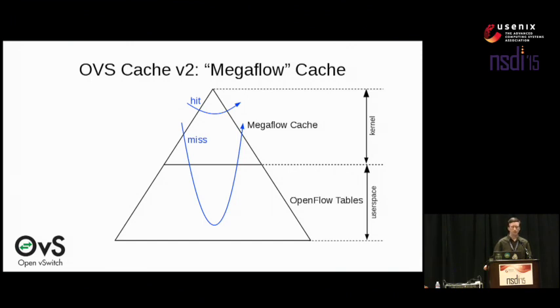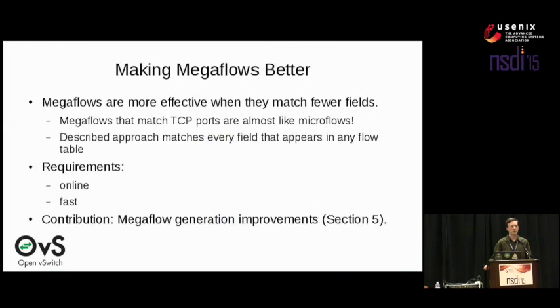And if you end up with Megaflows that match on, say, TCP ports, then the cache effectiveness of those is almost like Microflows, because a particular TCP port is only used for a few packets in many cases. So we needed an algorithm for generating Megaflows that matched on as few fields as possible, because then the Megaflows are as effective as possible.